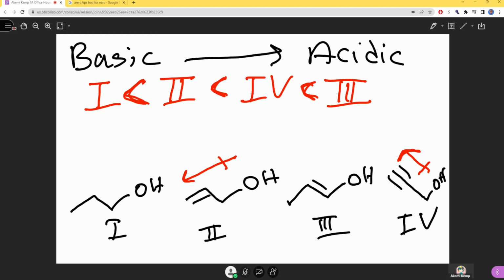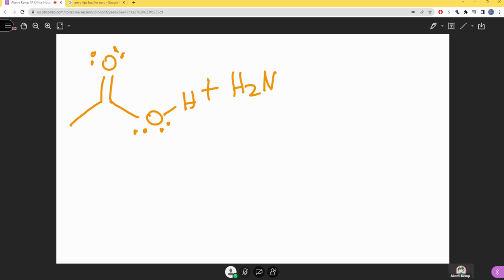All right. So now let's look at the next question, which is question 26. What is the most likely product of the following Bronsted acid-base reaction? So we have this reacted with H2NCH3 and an electron pair.